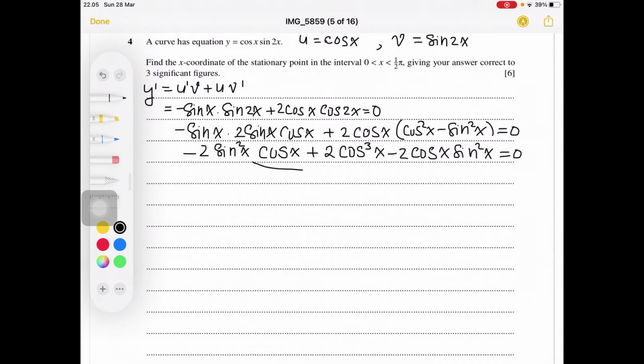And then we can add the same terms. So to make it simple, this becomes negative 4 sine square x cos x plus 2 cos cube x is equal to 0. And then factorize, pulling out the 2 cos x from the bracket.